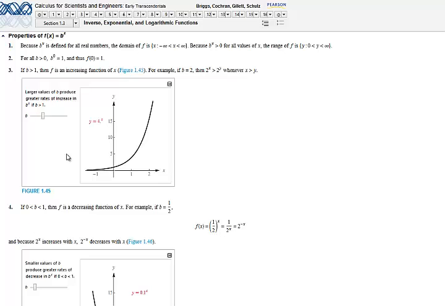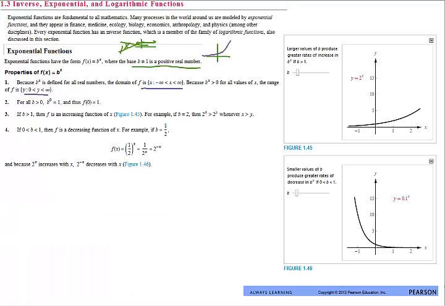I can notice that its domain, negative infinity to positive infinity, and range really just don't change, doesn't really matter what my b is, as long as I stick within those parameters of b not being 1 and a positive real number. Let's look at property 2 and see why this might make sense for us.